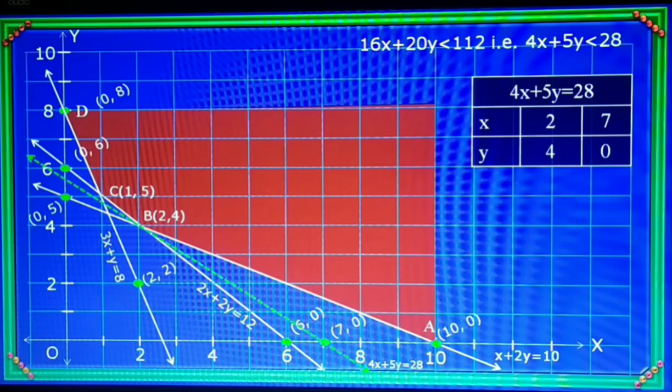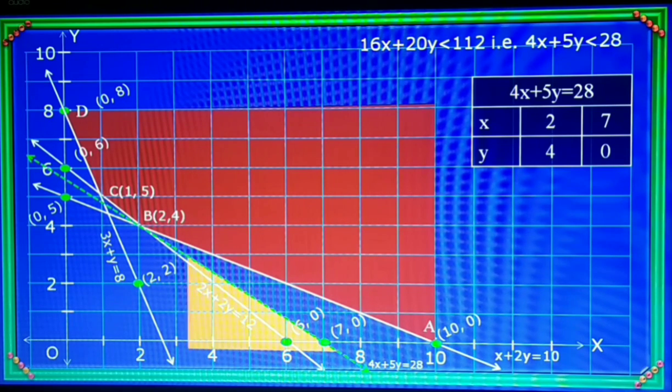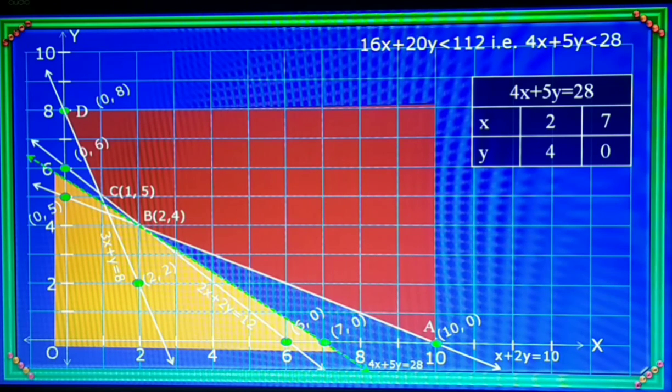When you substitute x is equal to 0 and y is equal to 0, the inequality implies 0 is less than 28, which is true. Therefore, to get the graph of the half plane 4x plus 5y is less than 28, we should shade below that dotted line. Is there any common point between the half plane 4x plus 5y is less than 28 and the feasible region?